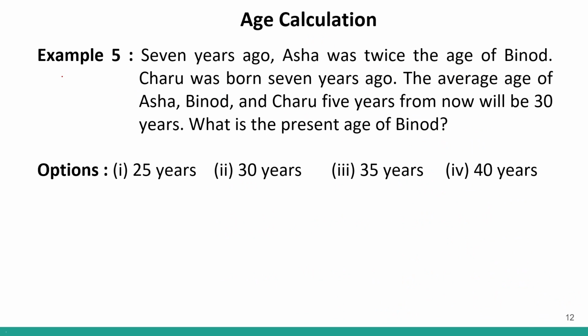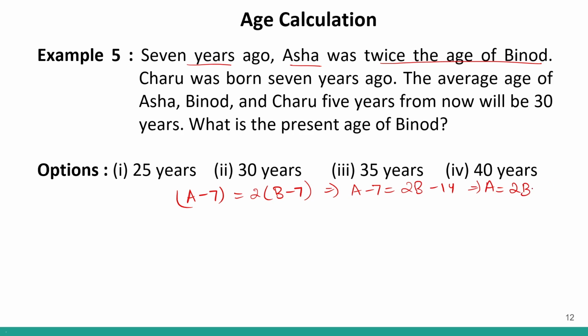Clear? Example 5. 7 years ago, Asha was twice the age of Binod. So clearly 7 years ago, I can say A minus 7. She was twice the age of Binod 7 years ago. If I open this, it will be A minus 7 equals 2B minus 14. If I take 7 this side, it will turn positive. So A equals 2B minus 7.